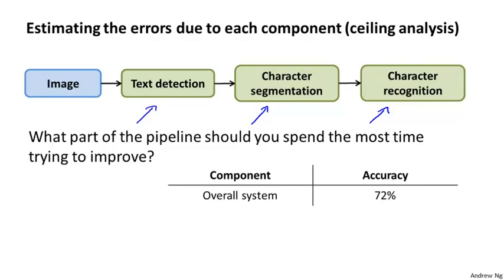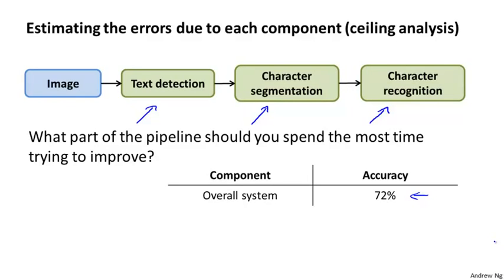Or you can pick some other single real number evaluation metric if you want, but let's say that for whatever evaluation metric we pick, we find that the overall system currently has 72% accuracy. So in other words, we have some set of test set images, and for each test set image, we run it through text detection, then character segmentation, then character recognition, and we find that on our test set, the overall accuracy of the entire system was 72% on whatever metric you chose.